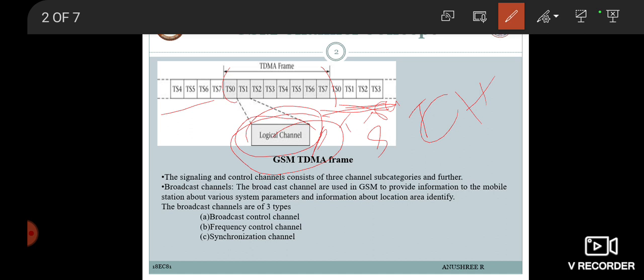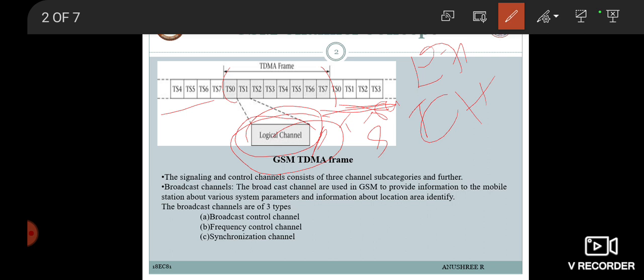The half rate traffic channel carries voice encoded at a lower rate, and the enhanced full rate, that is EFR, transmission encodes a voice at a rate of 12.2 kilobits per second, and like TCH/F adds overhead bits to yield a 22.8 kilobits per second channel rate.